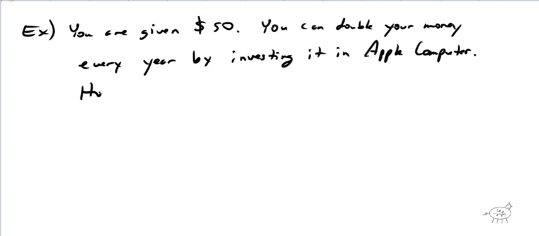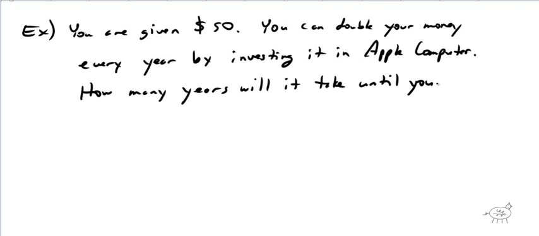How many years will it take until you have $1 million? So basically, you're given $50. Every year, you're going to double your money. So after 1 year, you're going to have $100, and then $200, then $400, $800, $1,600, etc. How long will it take until you have $1 million?